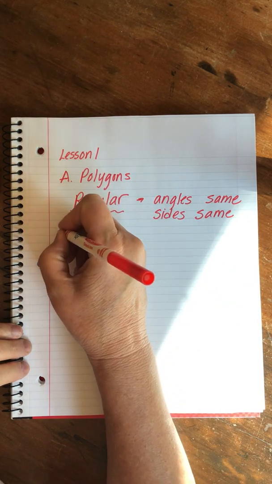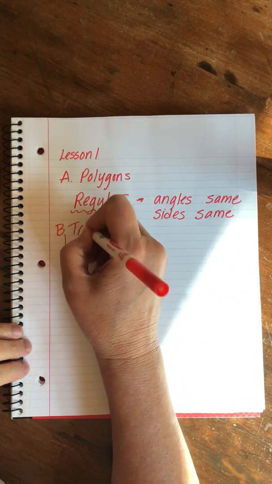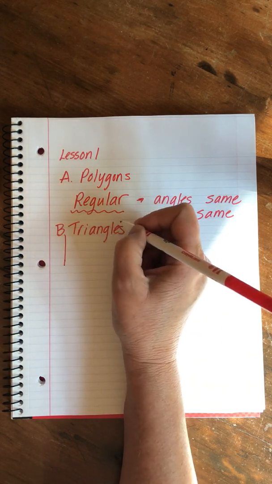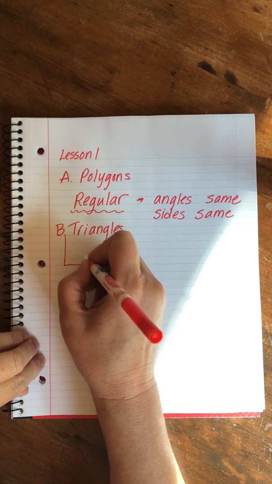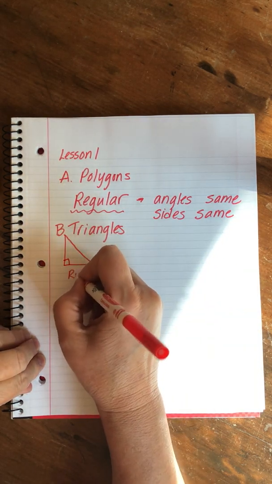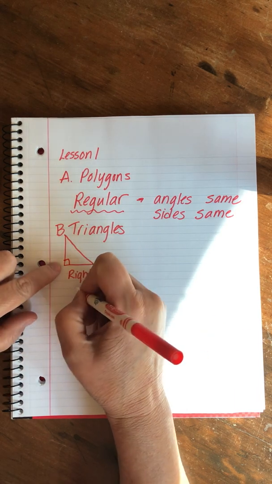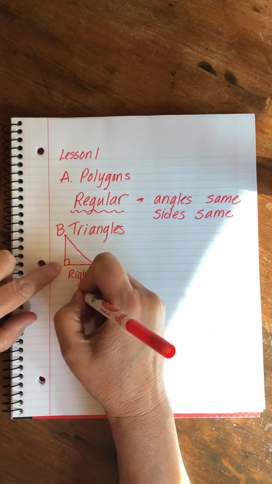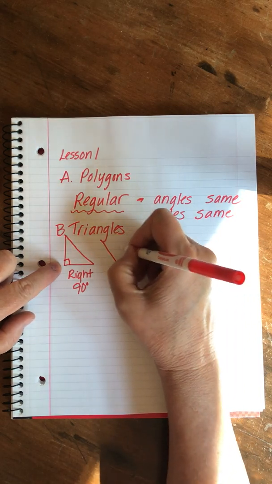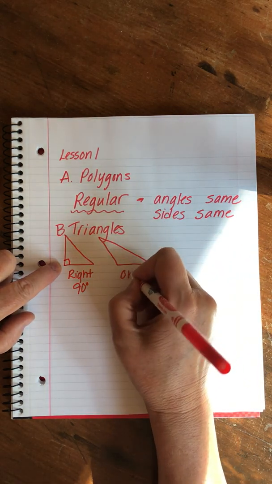Let's talk about triangles. We can classify triangles according to the size of their angles. This is a right triangle, and its main angle here is equal to 90 degrees. This is obtuse.